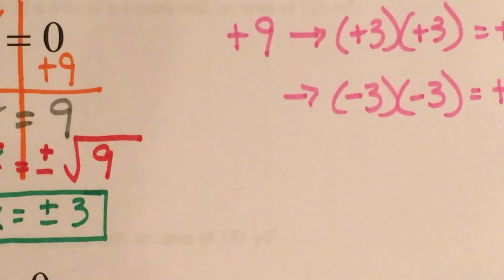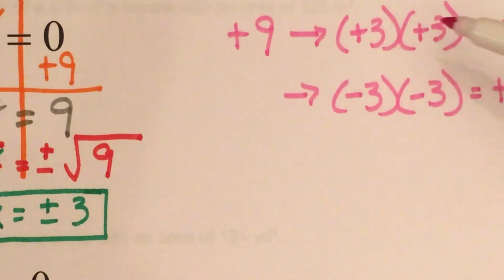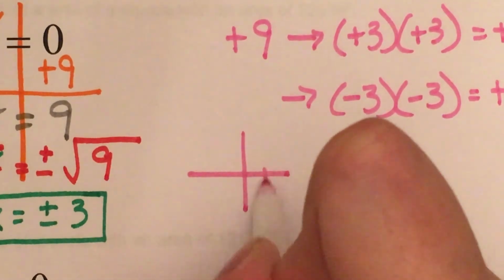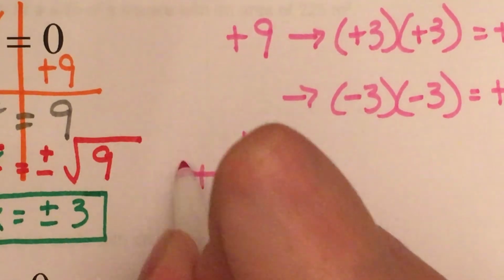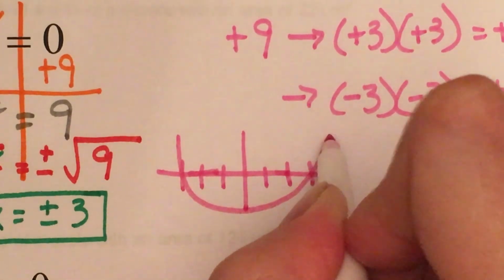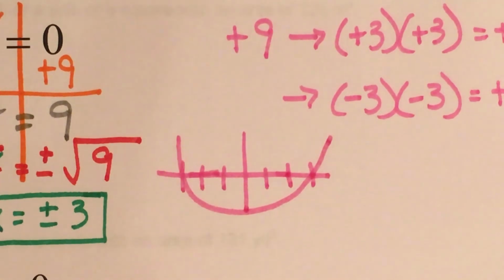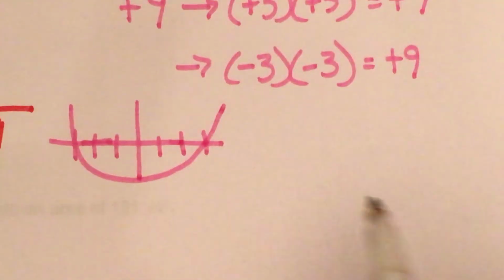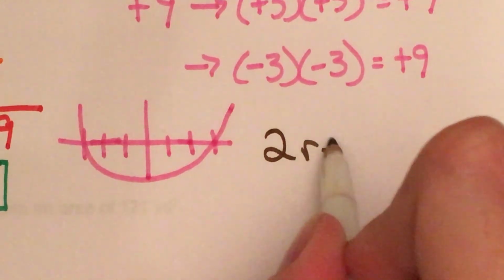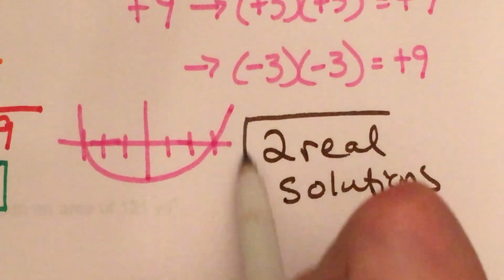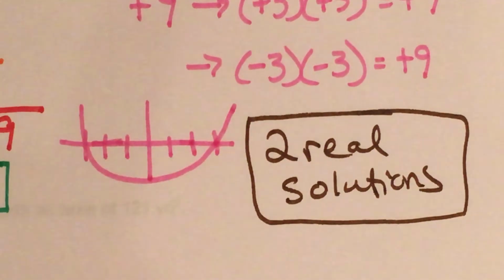So it's either both positives, both negatives. So if you were to graph this, what you would find is something like that. Okay? So to finish this off, we would say, hey, this has 2 real solutions. And they are located at positive and negative 3. Awesome.